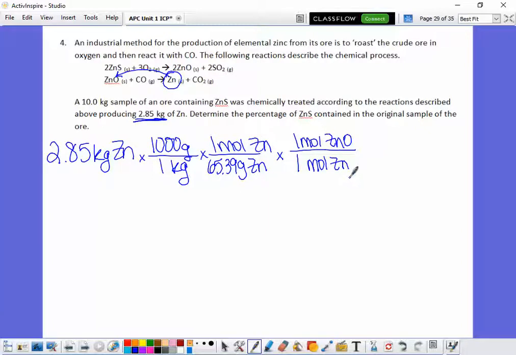And then I can go from zinc oxide to what? Zinc sulfide using the first equation. Because if I were actually to stop the problem now, I would know the moles of zinc oxide that were produced from the ore that was roasted in the first equation. So I can actually just make it all one big step. Here I have a 2-to-2 mole ratio.